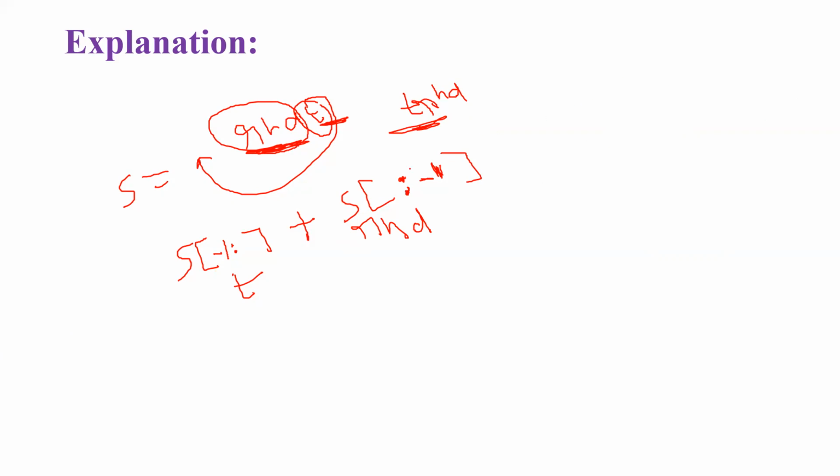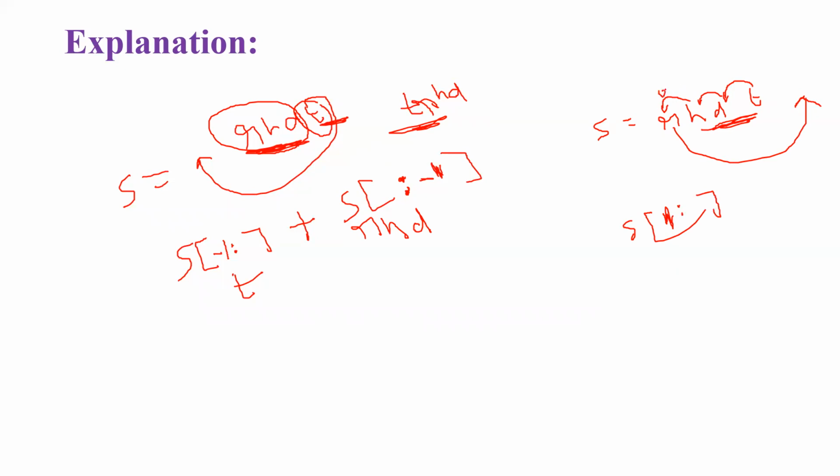Similarly, if you want to perform the left shift, see the example. I am taking the same example RHDT here. Now when I perform the left shift, what will happen? This will come here, this will come here, this will come here, and R will go here, which means I need to write all the characters first, starting from the first location, the indexes being 0, 1, 2, 3, right?